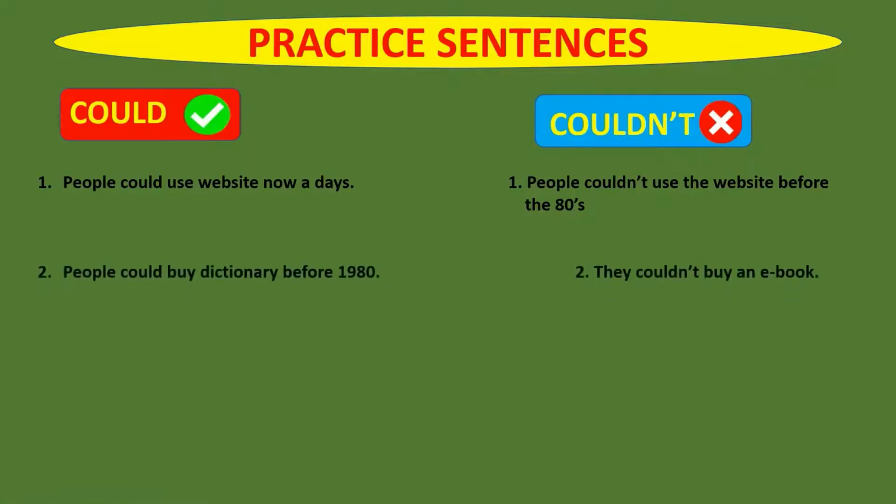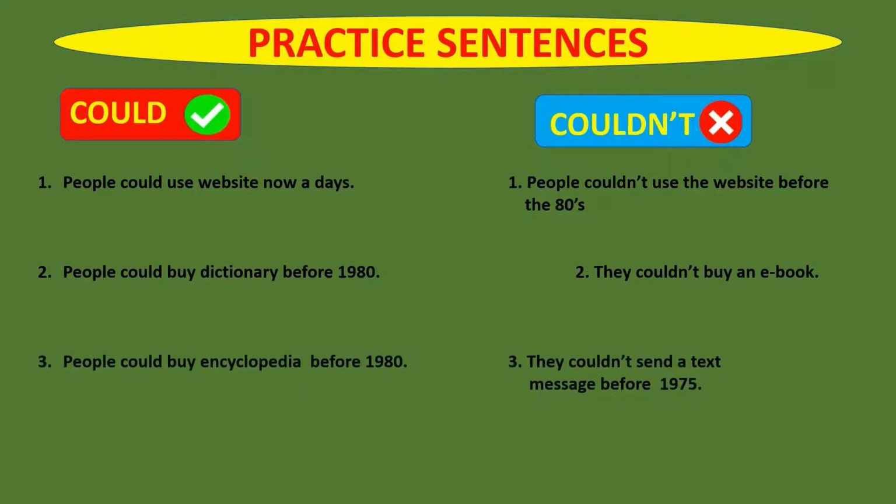Number 2, people could buy dictionary before 1980. They could buy dictionary in or before 1980. But they couldn't buy an e-book in or before 1980. Number 3, people could buy encyclopedia before 1980.